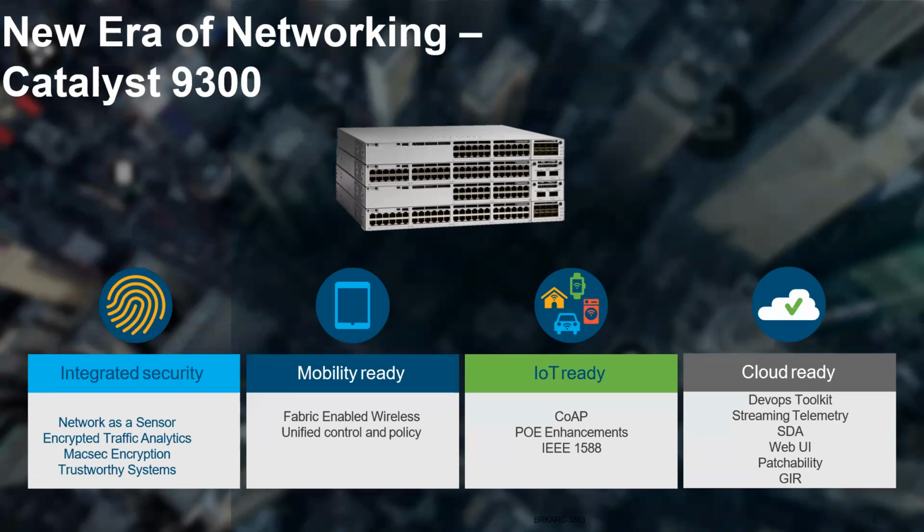You can see this particular switch here, a switch in a stack, or maybe one of the modular chassis. This is 9300. If you can see here 1 2 3 4, that means this is 9400. It means you have 3 line cards here.